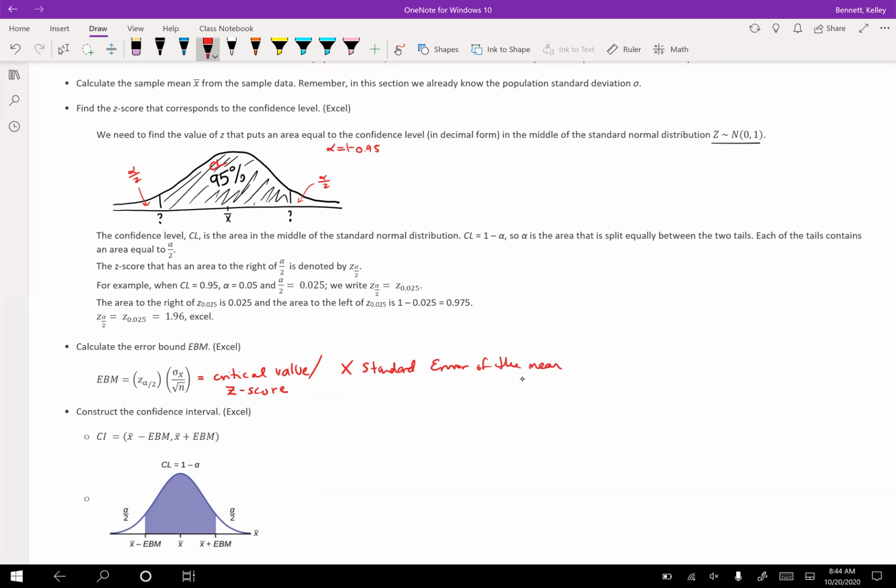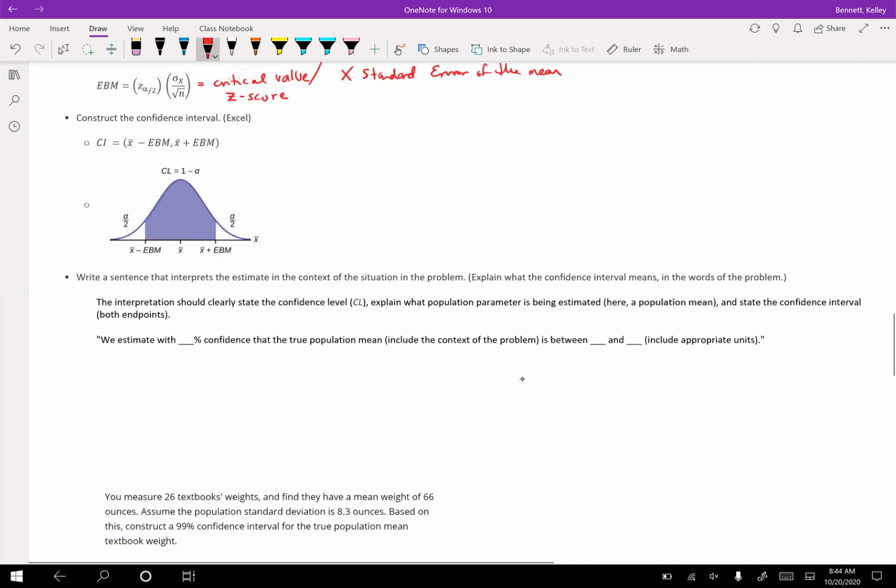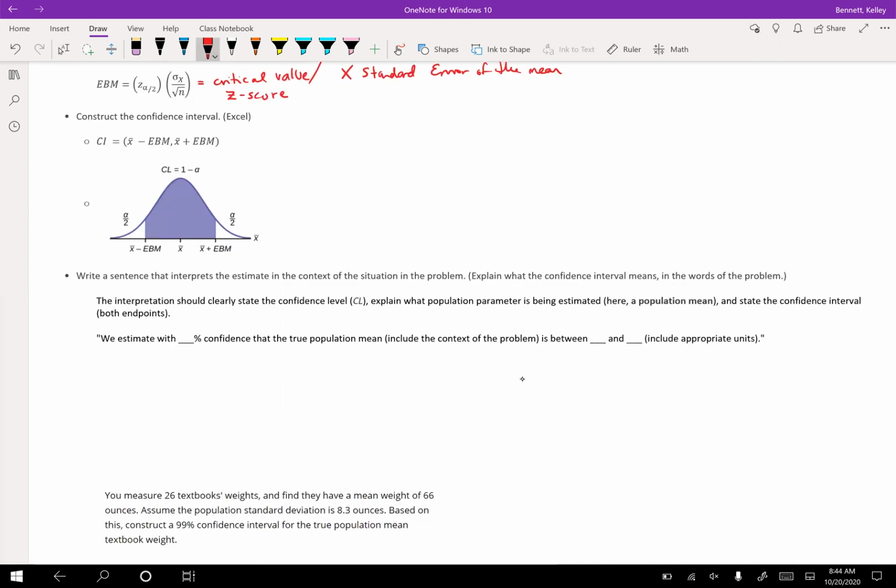That's it. And then voila, you just put it all together like we did in the beginning. We've got a little template here, if you want to write a sentence to interpret the context. This is pretty straightforward: we estimate with blank % confidence that the true population mean, and you want to give some units or context or what you're measuring, is between blank and blank.